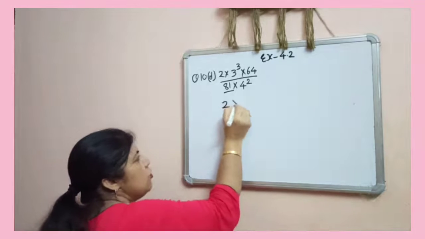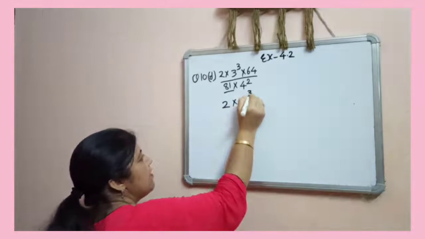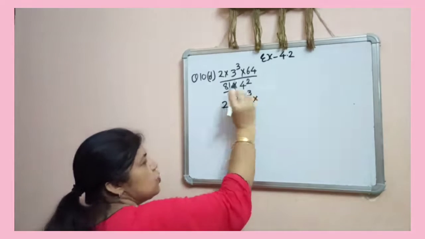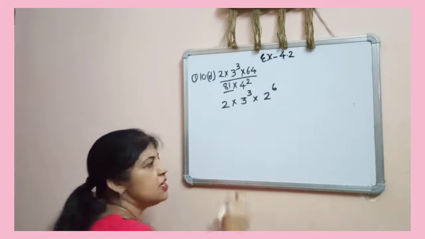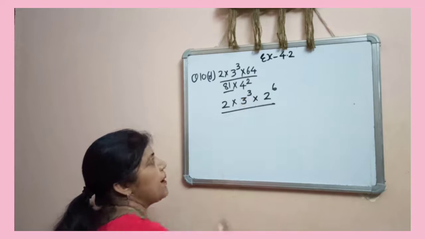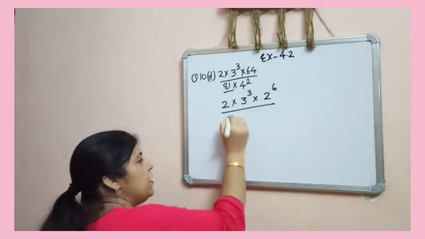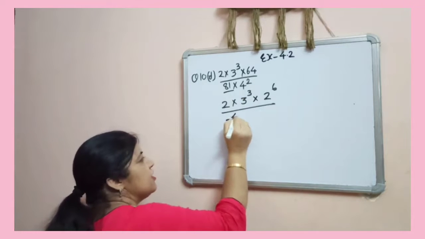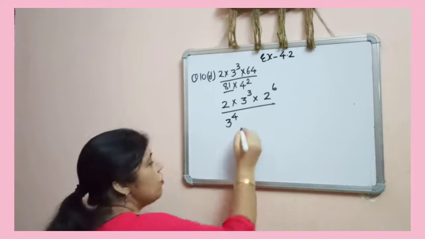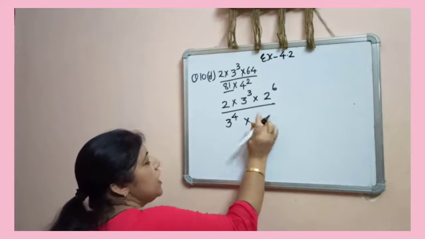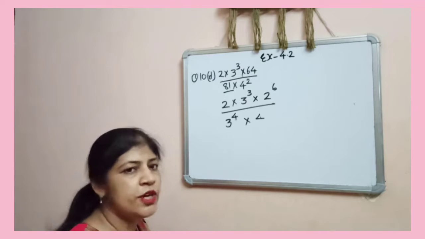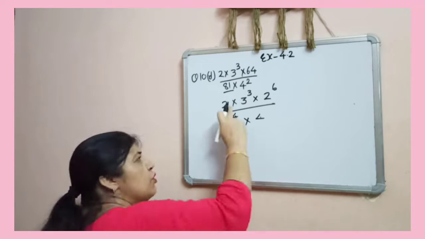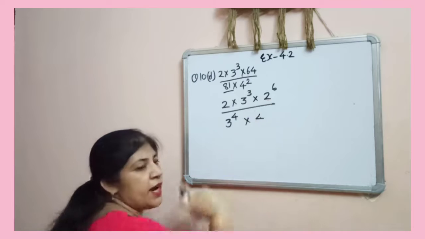Okay, 2 into 3 raised to the power 3 into 64, you can write as 2 raised to the power 6, divided by 81, which you can write as 3 raised to the power 4, into 4. Even 4 you can write as 2 raised to the power 2, because we have bases only 2 and 3.